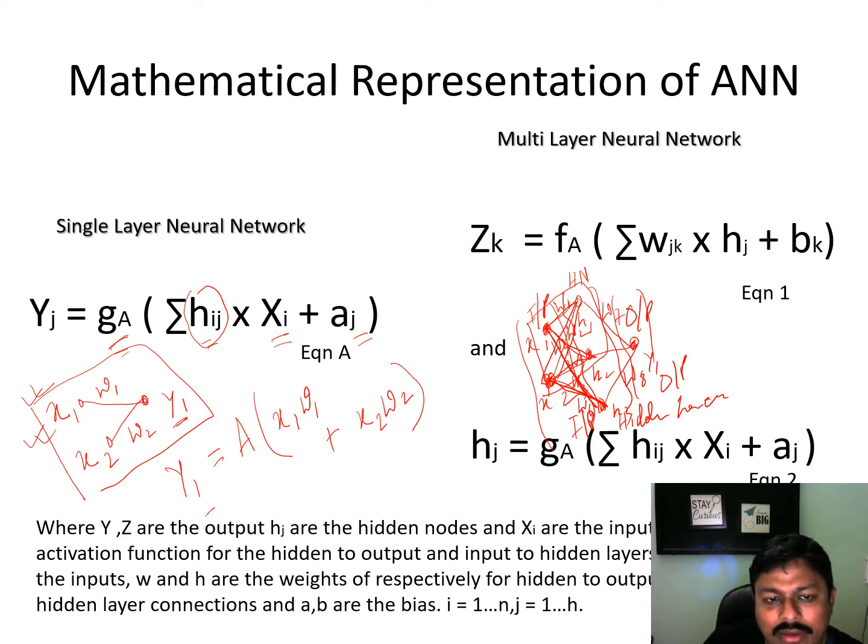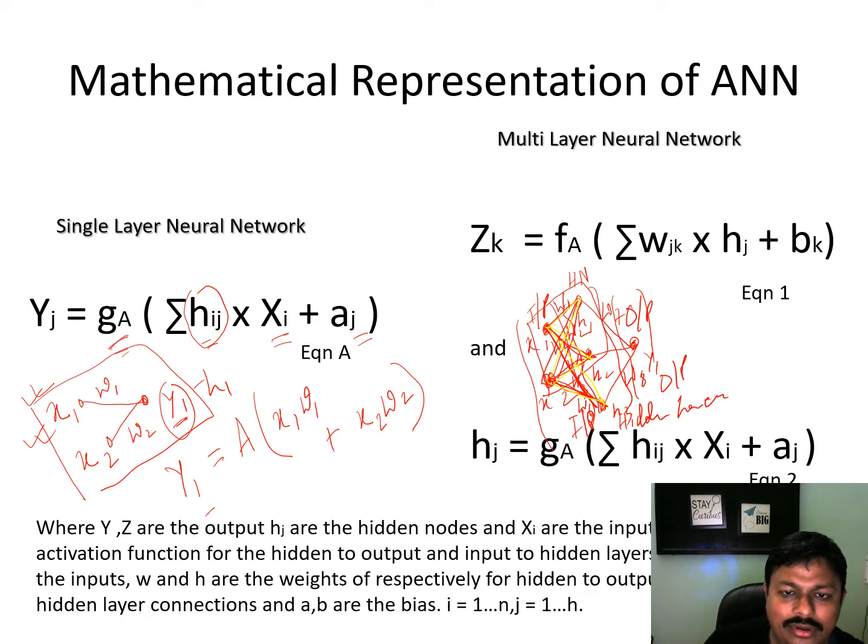Whenever I replace this Y1 with H1, this becomes this part, right? And when I replace Y1 with H2, you see this becomes this part. And when I replace Y1 with H3, this becomes this part.